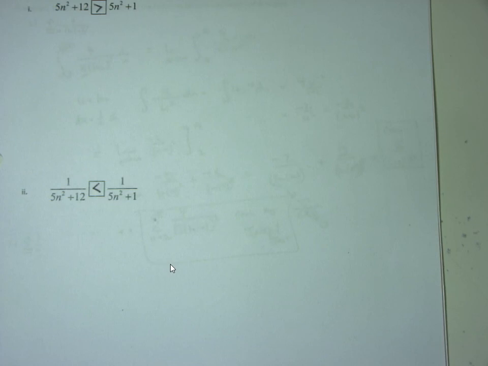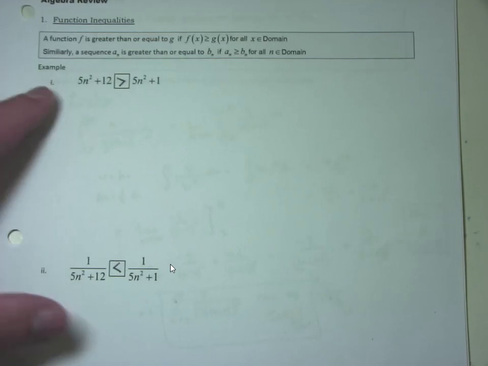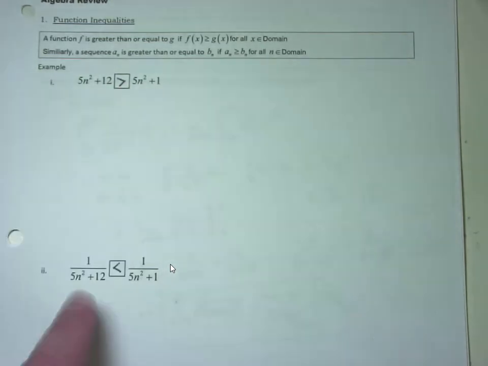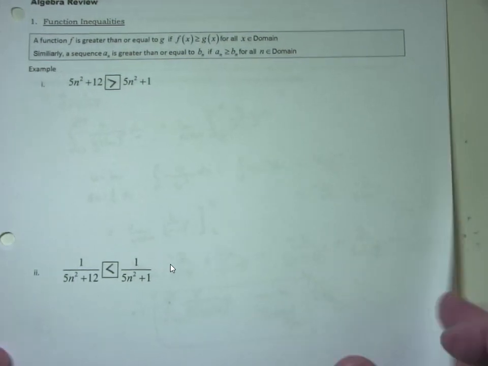The bigger the denominator, the smaller it is. This is going to be very helpful when we get into the comparison test, which hopefully I'll get to today. So look at the relationship of how polynomials and then fractions, rational expressions work. And again, we're talking about sequences with this stuff.